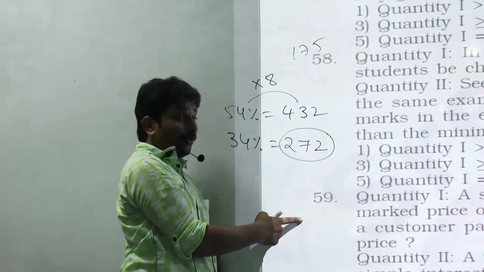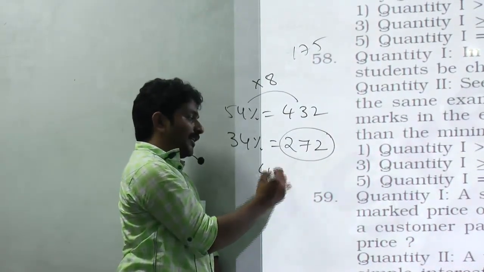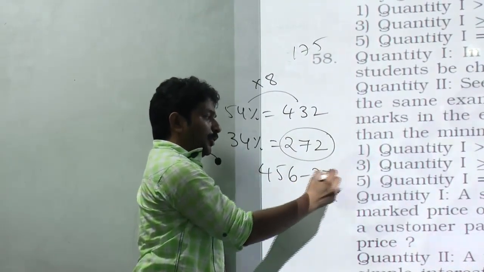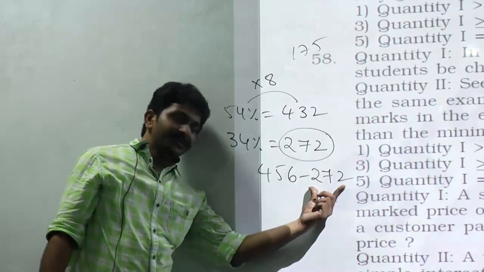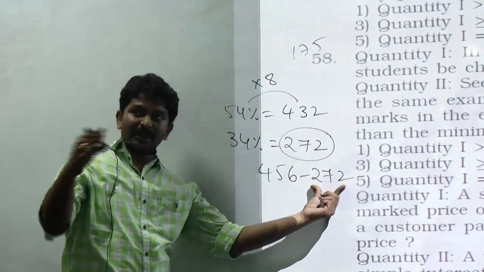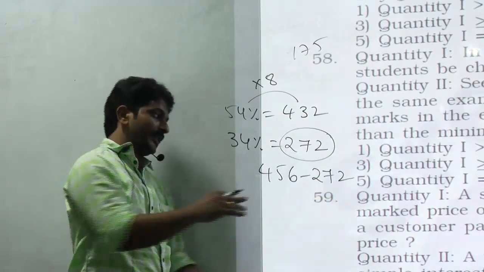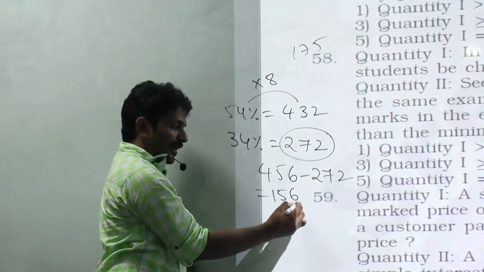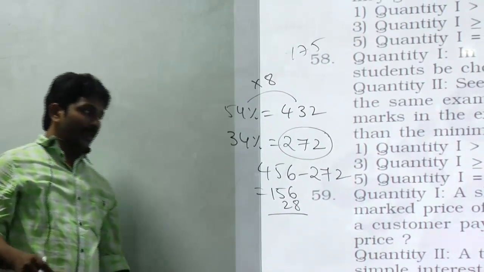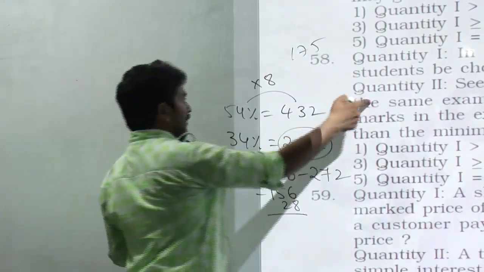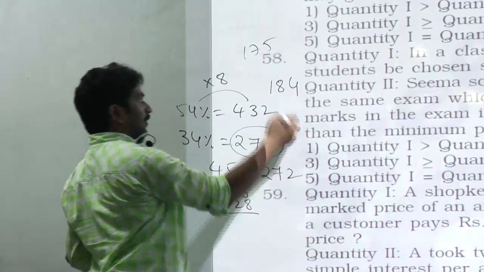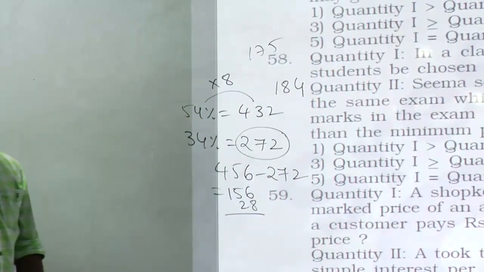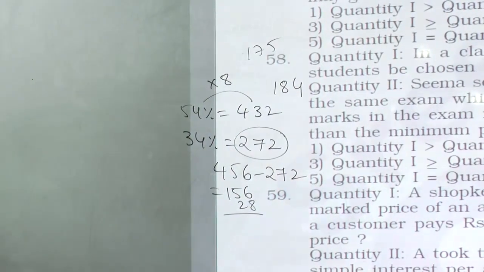Seema got 456, so you need to calculate the difference of 456 and 272. Instead of 272, subtract 300 and add 28. Subtract 300, 156, add 28, that is 184. Quantity 2 is 184. Quantity 1 is 175. Quantity 2 is more than quantity 1.